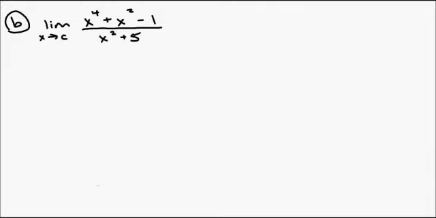Part B. We're going to do the same thing. So I want to break this up and then find the limit of each individual term. I see some plus signs, minus signs, so that tells me sum and difference rules. I also have a division bar, so I'm going to use the quotient rule here.